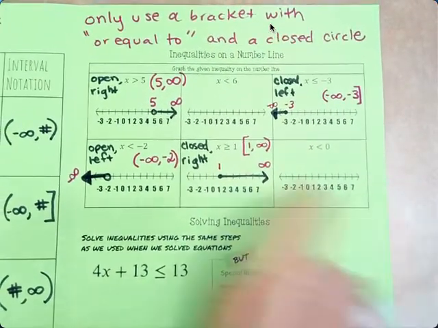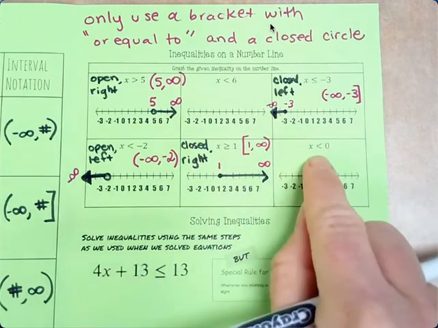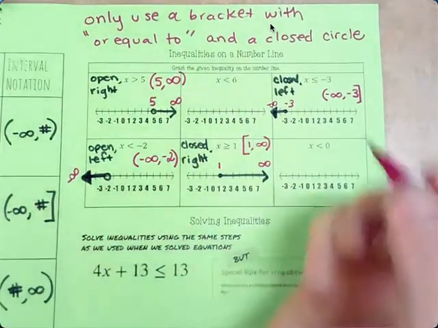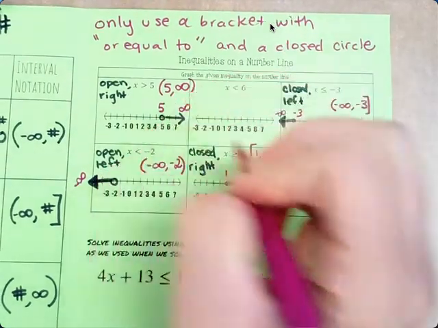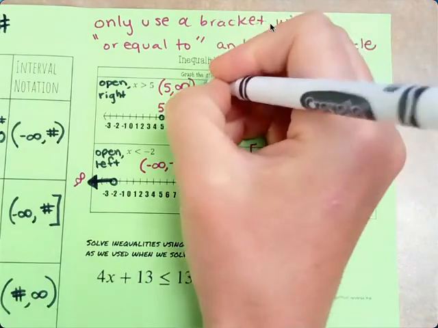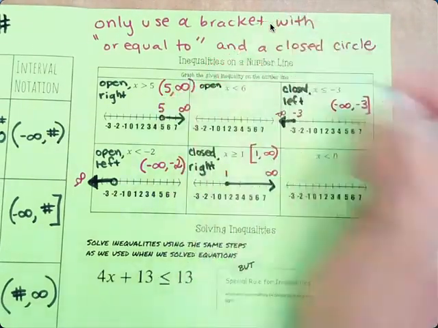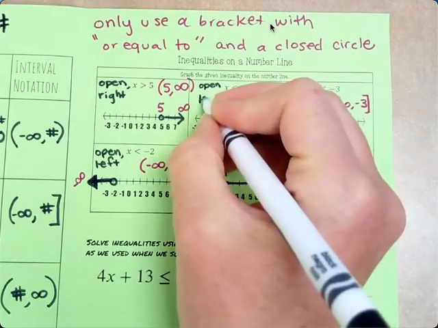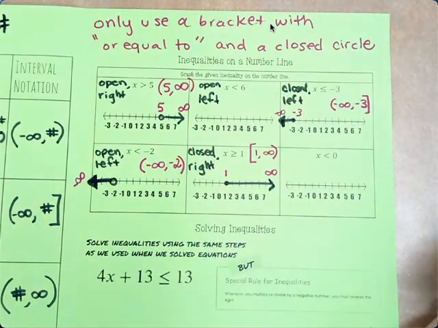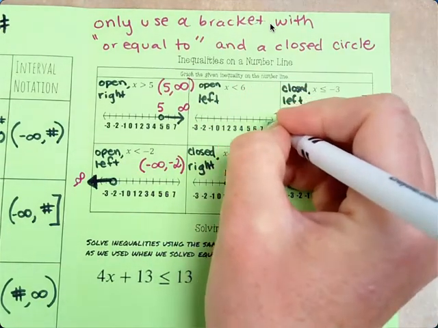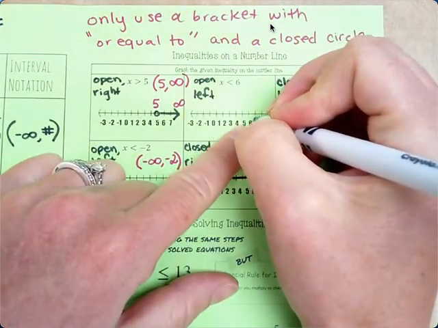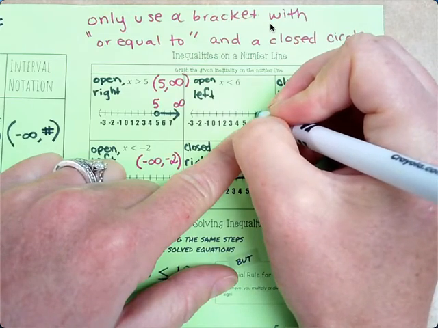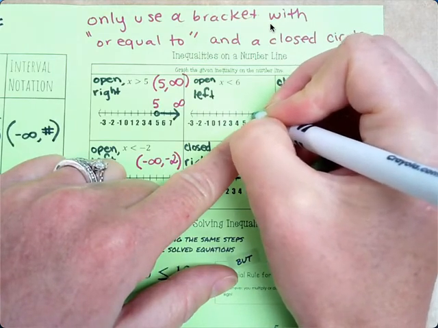Let's look at these last two examples. They're actually the same: x is less than 6 and x is less than 0. I want y'all to write what kind of circle we're going to put, and then which direction it's going to go. My numbers don't quite line up here, so I'm just going to put it right above this. Which one should I put it on?